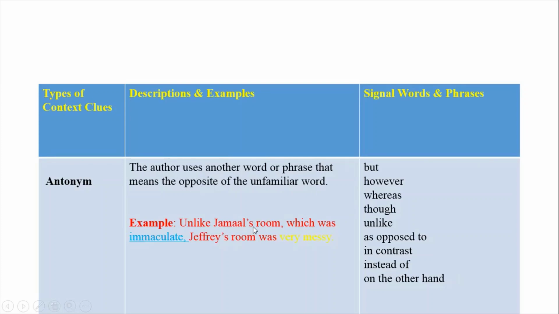Like, unlike Jamal's room, which was immaculate, Geoffrey's room was very messy. So from the words very messy, we can understand its opposite will be immaculate. So immaculate means clean or organized.